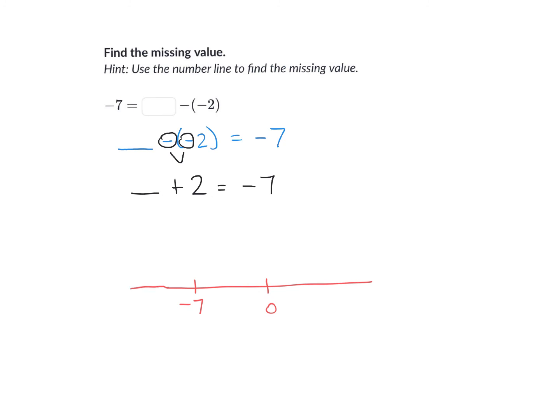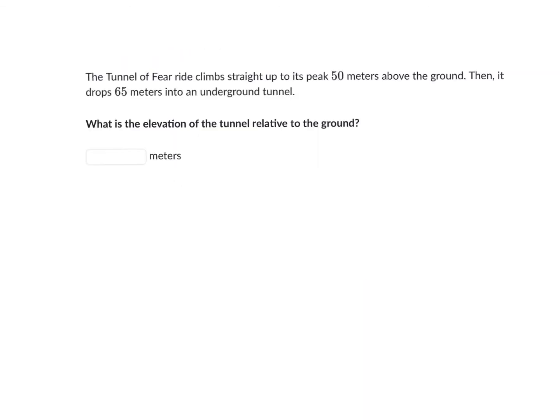And it's something +2, so I know I need to move in the positive direction. So if I need to move in the positive direction and end up here, it's got to be further this way. So it's got to be -9, because then it would be -9, -8, -7. This would work here.